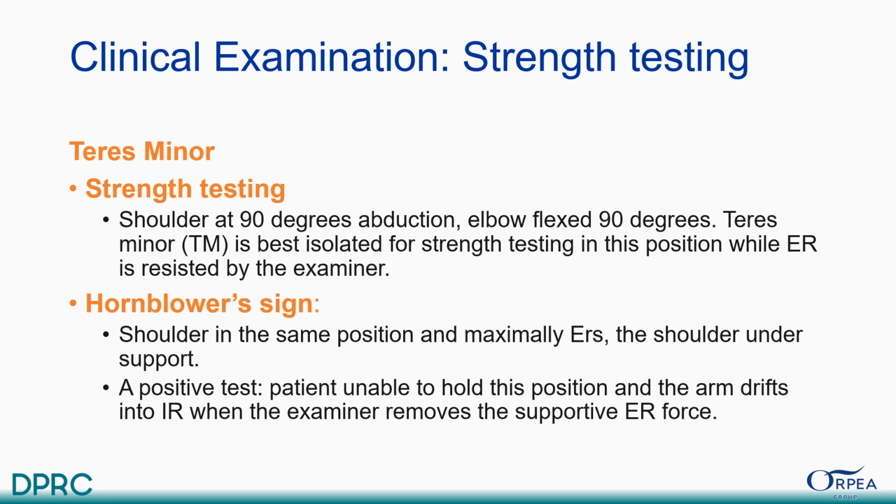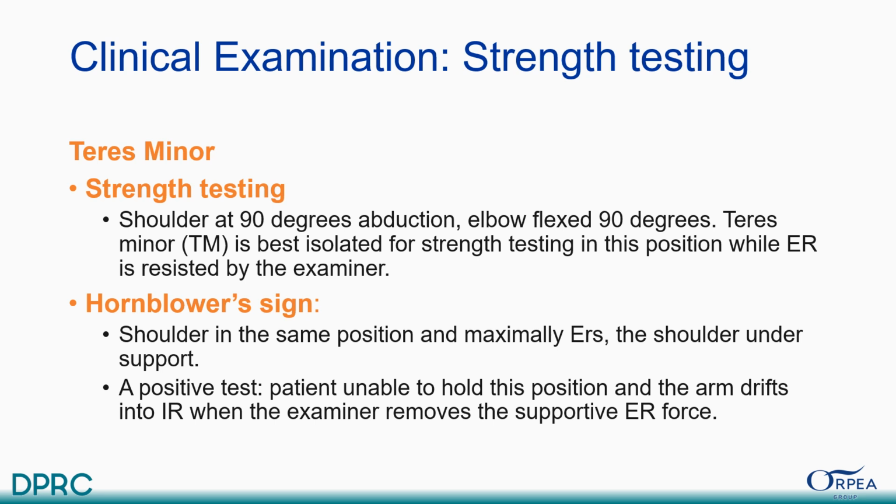For strength testing of the teres minor, the shoulder is kept at 90 degrees of abduction, elbow flexed at 90 degrees. It is best isolated for strength testing in this position, while the external rotation is resisted by the examiner. There is another sign called the Hornblower sign.